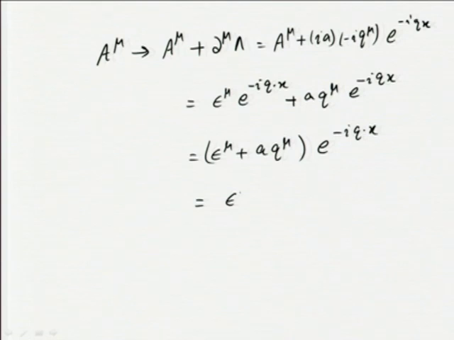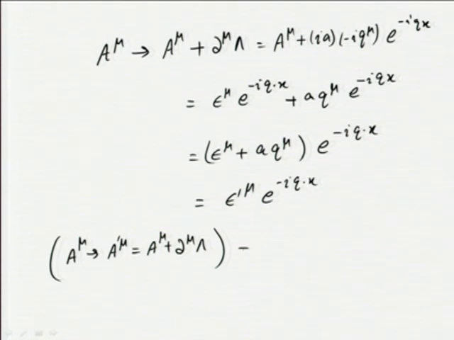If I denote this by some epsilon prime e power minus i q x, as A mu goes to A prime mu equal to A mu plus dou mu lambda with this particular lambda, this gives epsilon mu going to epsilon prime mu, which is equal to epsilon mu plus A q mu, right. Fine. So, I have epsilon prime mu equal to epsilon mu plus A q mu.